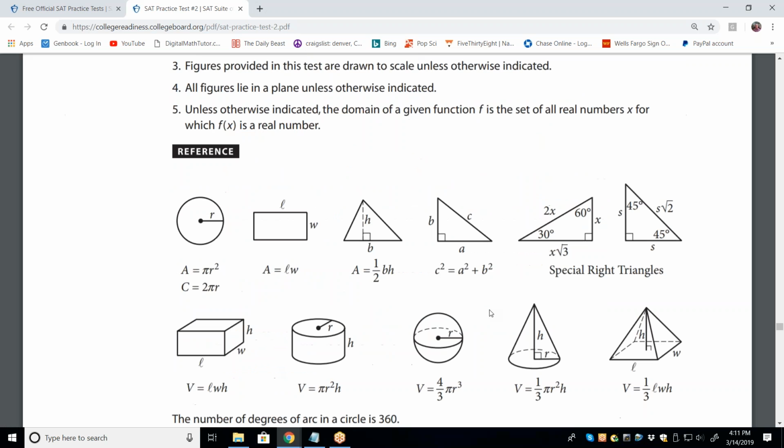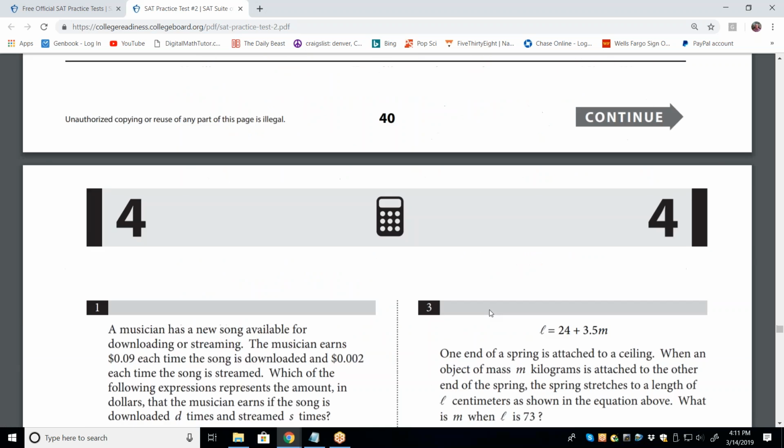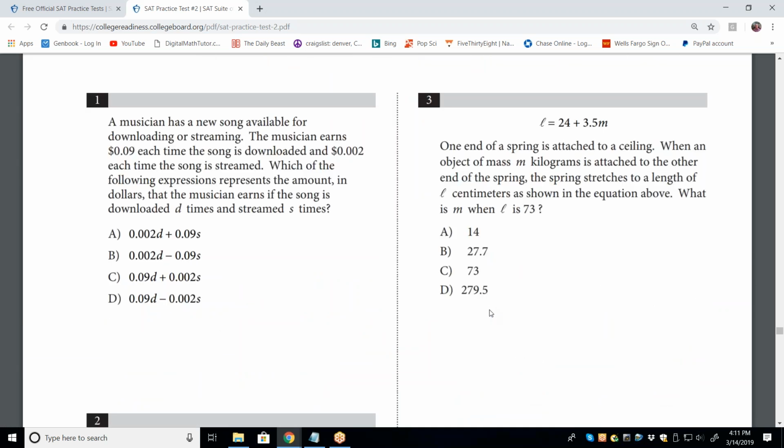Okay, now we get to the calculator portion. Do you have your calculator handy? Yes, I do. I think the best way to do this is do not use your calculator when we're doing the non-calculator portions, and when you can use it, I'm not going to tell you to necessarily use it. I've long been a big believer that the calculator really does not help you on this test, not if you're pretty good at arithmetic.